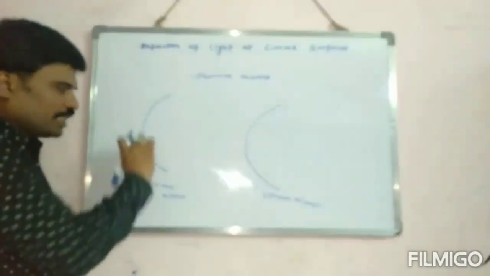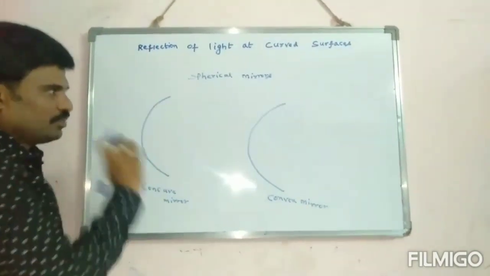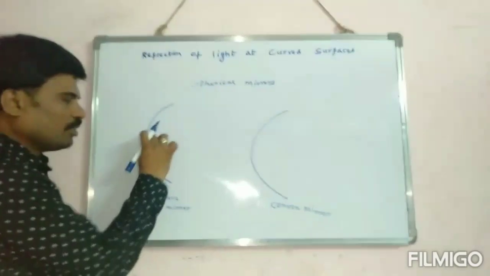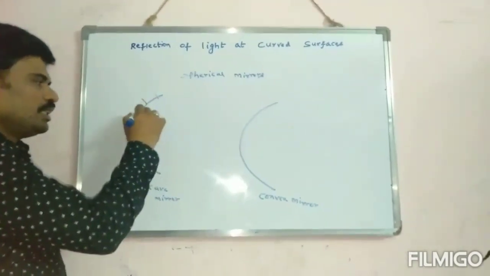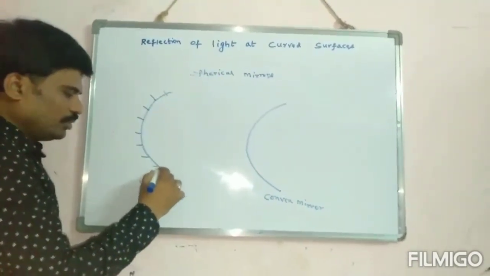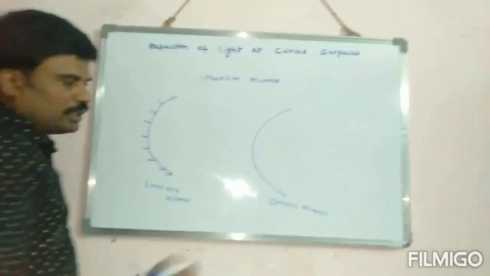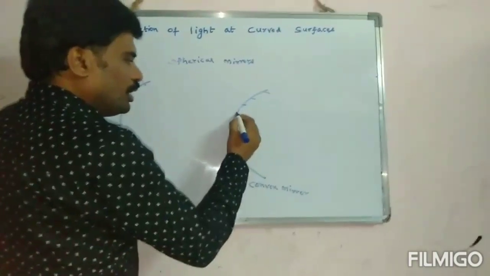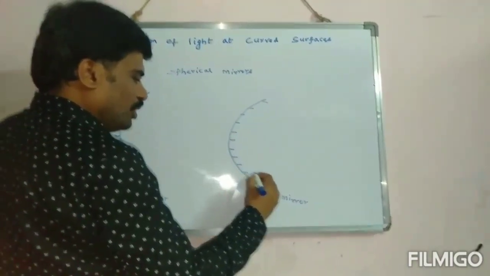When do we call this curved surface a concave mirror? When the reflecting surface is curved inwards, we call it a concave mirror. When the reflecting surface is curved outwards, we call it a convex mirror.